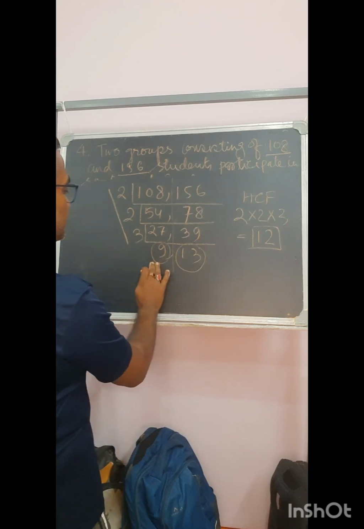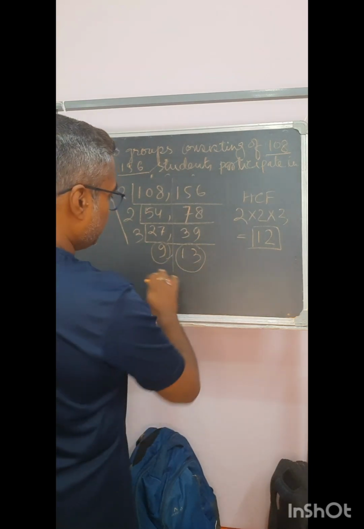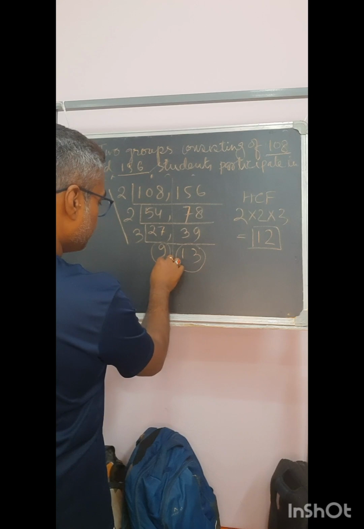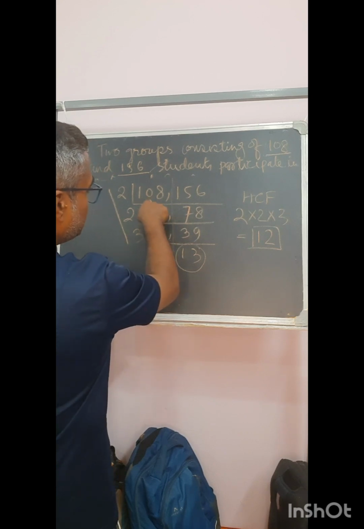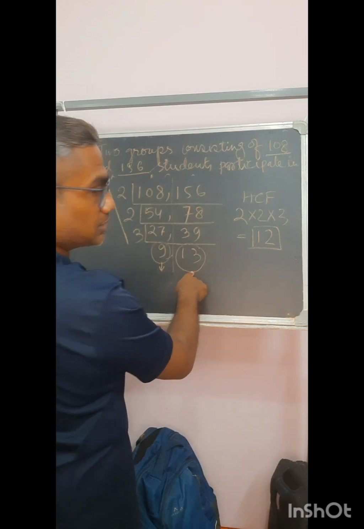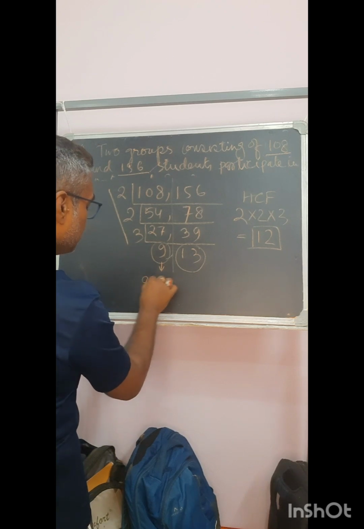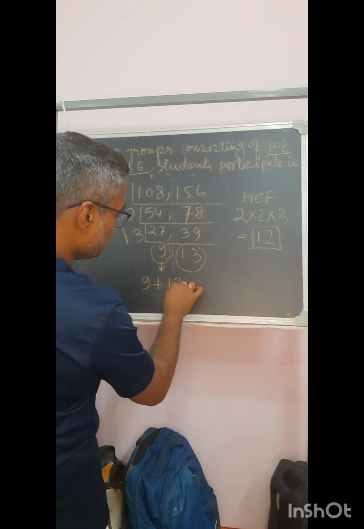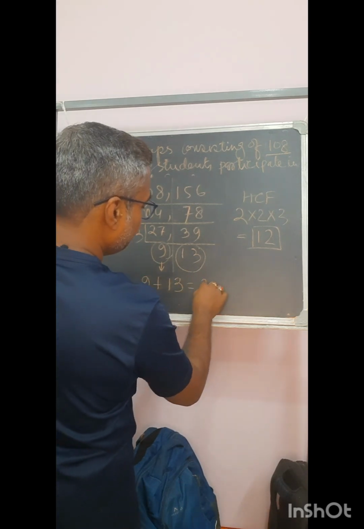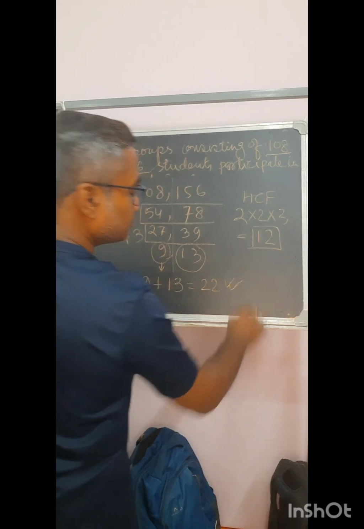So individually, if they are kept and not mixed, this minimum number of rooms is needed to accommodate this, and for this, 13. So altogether the minimum number has to be 13 plus 9, that is equal to 22. Okay.